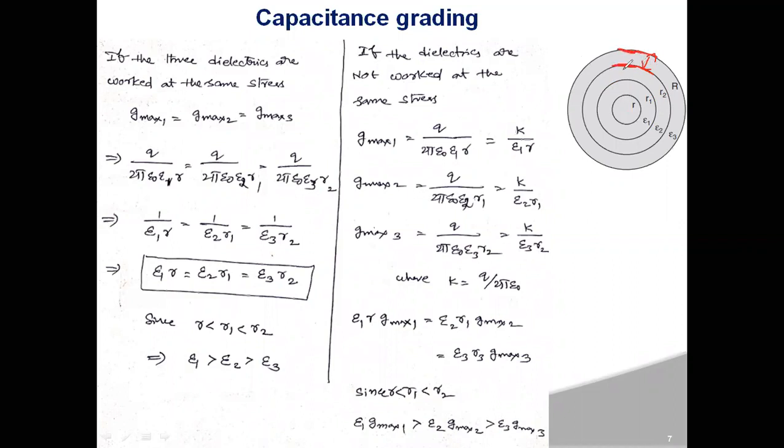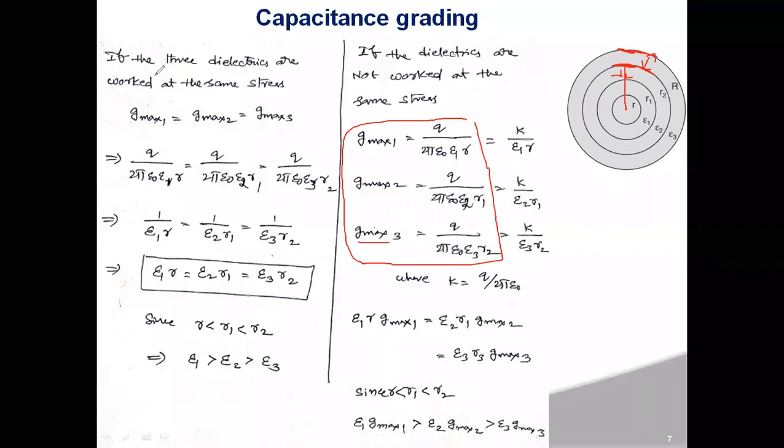From the center to here, the distance is r2, that means x will be r2. So G max 3 will be Q by 2 pi epsilon naught epsilon 3 r2. So these are G max 1, G max 2, G max 3, if you consider three different dielectric materials having permittivities epsilon 1, epsilon 2, epsilon 3.